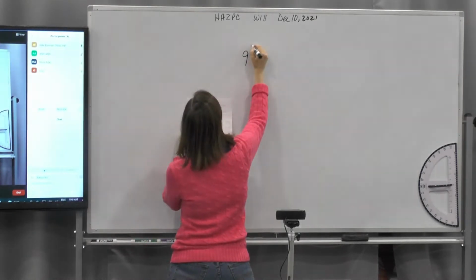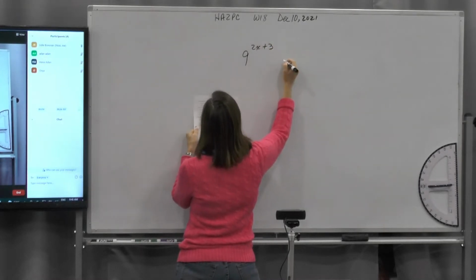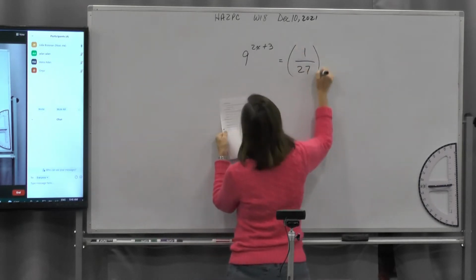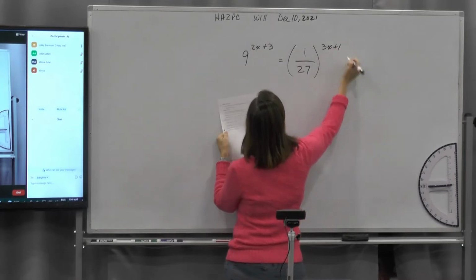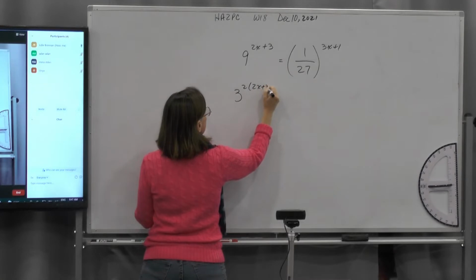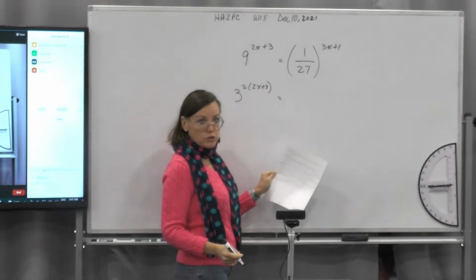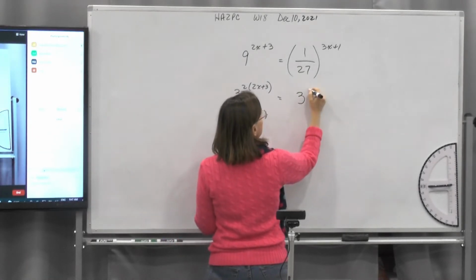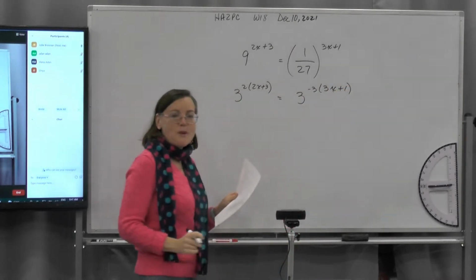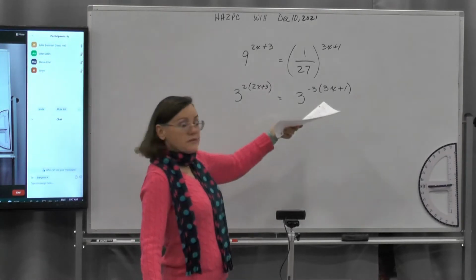So my 9 to the 2x, is that a minus or that's a plus? Wow. My copy, for some reason, didn't print quite right. Raised to the 3x plus 1. Okay, express this as 3 squared to the 2x plus 3. And this becomes 1 over 3 cubed, which would be 3 to the negative 3, right? So we reviewed all those properties earlier. And now I've got this equal to that.